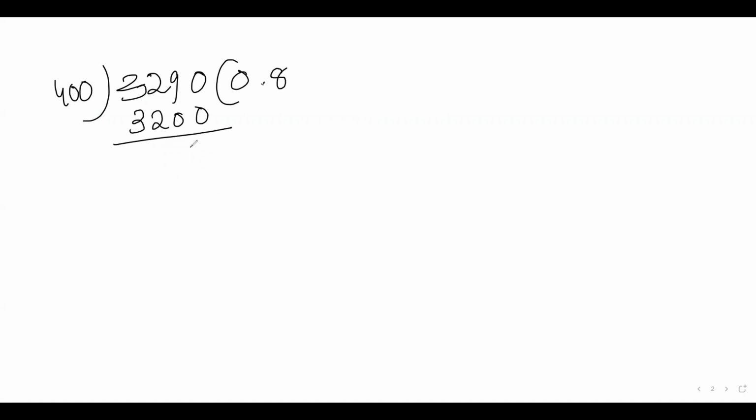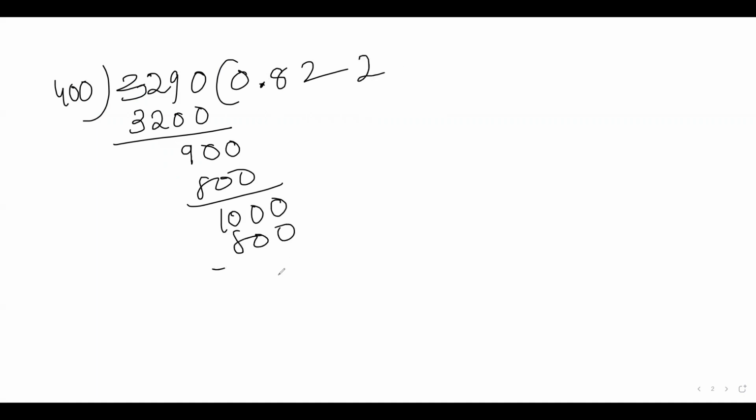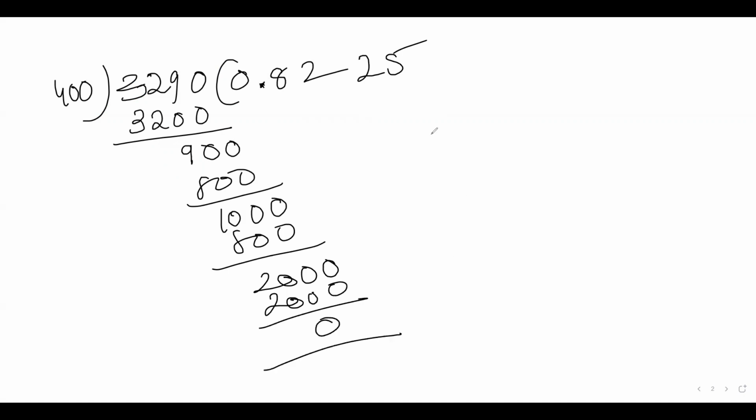So 90 remaining. With this point, you can get one more 0. 400 twos are 800. 100 remaining. With this point, we can get 0. 400 twos are 800. 200 is remaining. With this point we can get 0. 400 5s are 2000. 0 is the remainder.